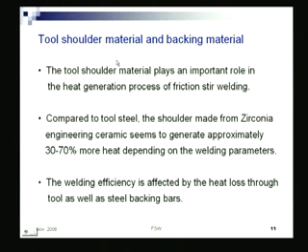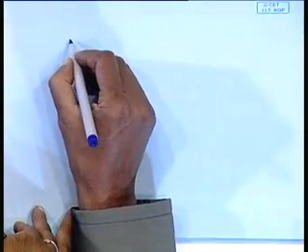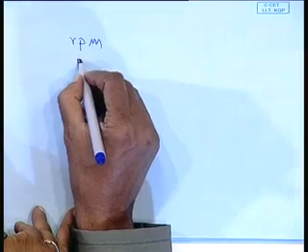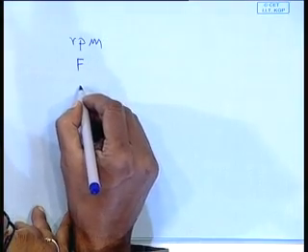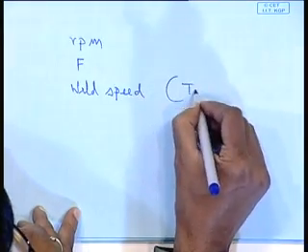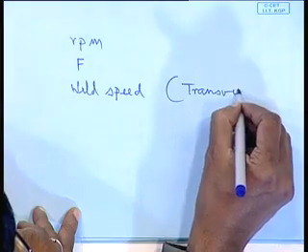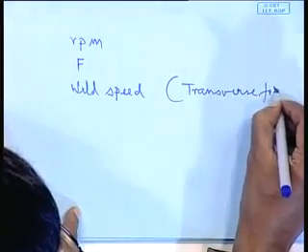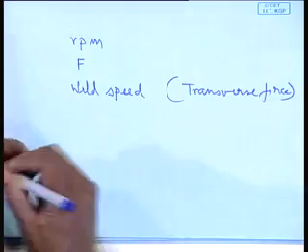Well, let us go to the tool shoulder material and the backing material. As I already mentioned, the tool shoulder material plays an important role in the heat generation process, because in friction stir welding, the primary parameters are RPM, downward force, and the weld speed, which correlates to the transverse or translational force, that means to make it move.